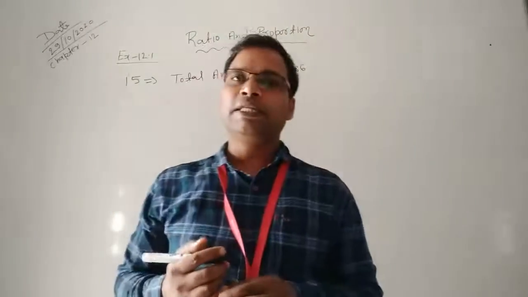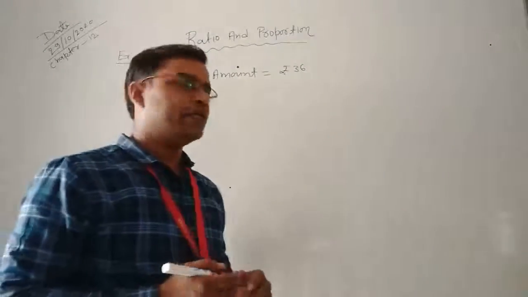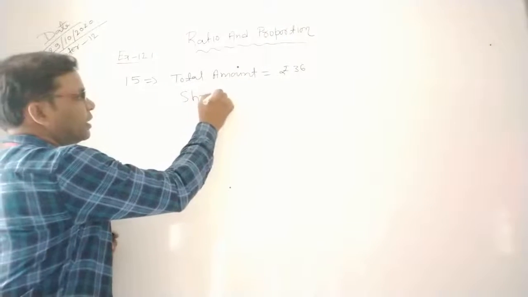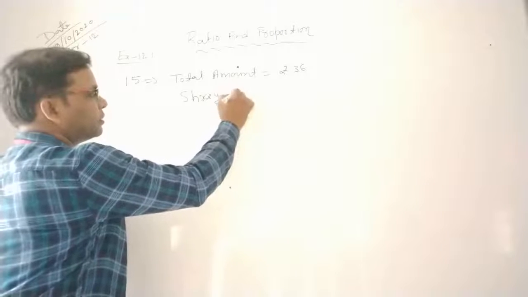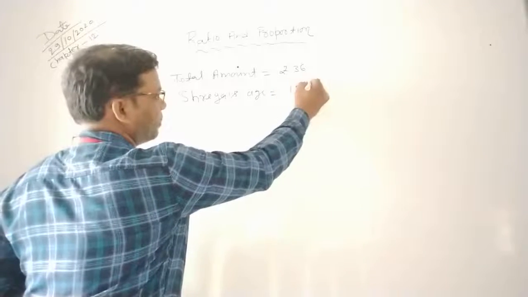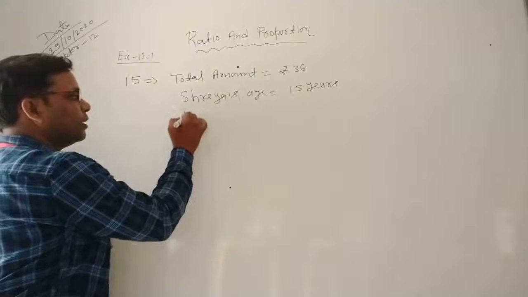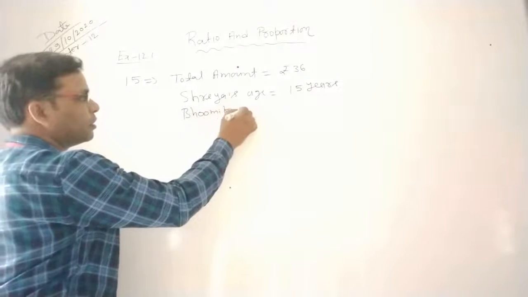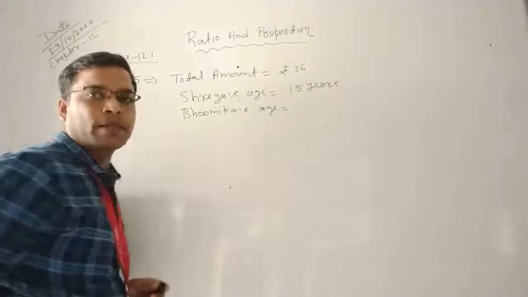So first, what is the age of Shreya? Shreya age is equal to 15 years. This is given. And Bhumika age is equal to 12 years.